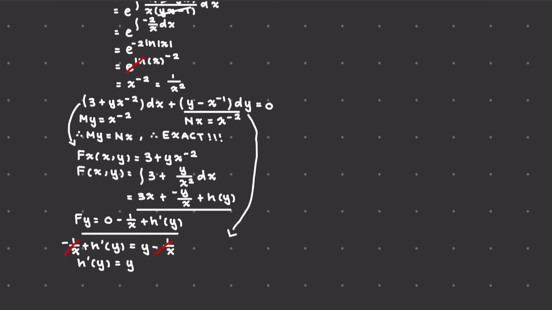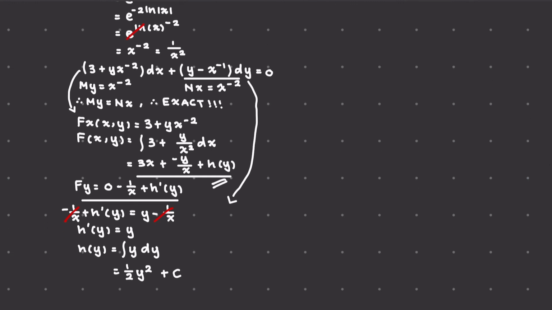And now we're taking the integration to find h of y and substitute it back on the top here. h of y is the integration of y dy, which will be 1 over 2 y² plus c.